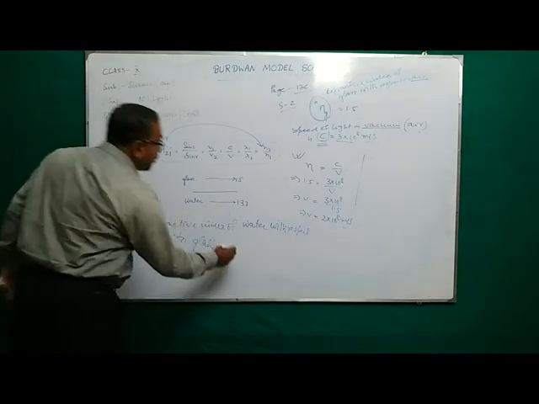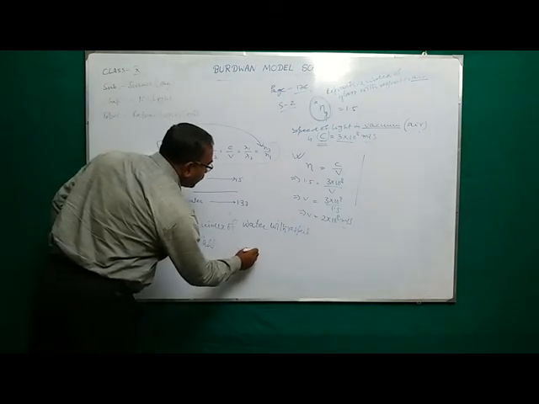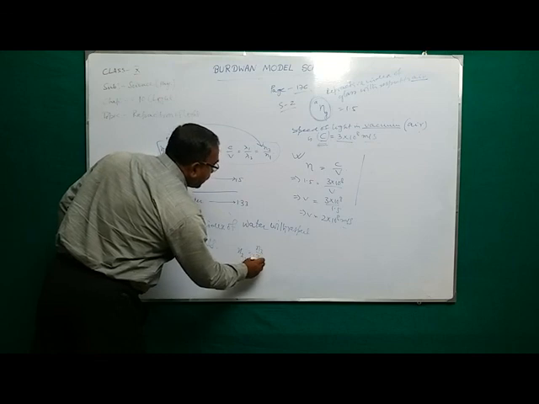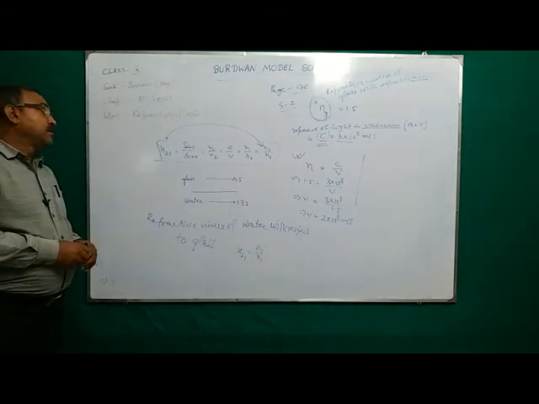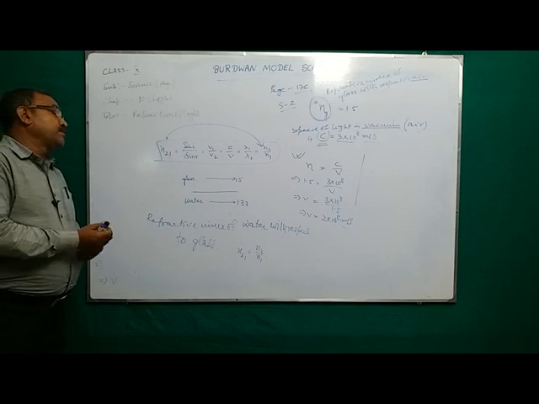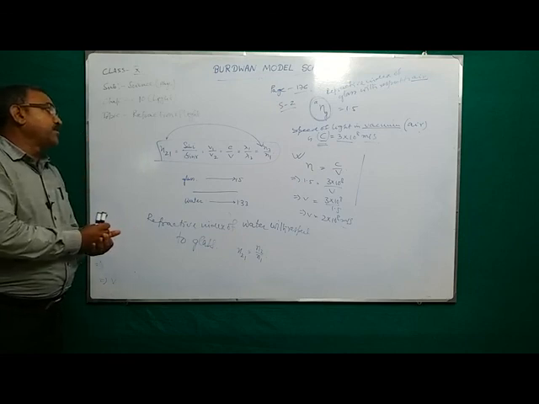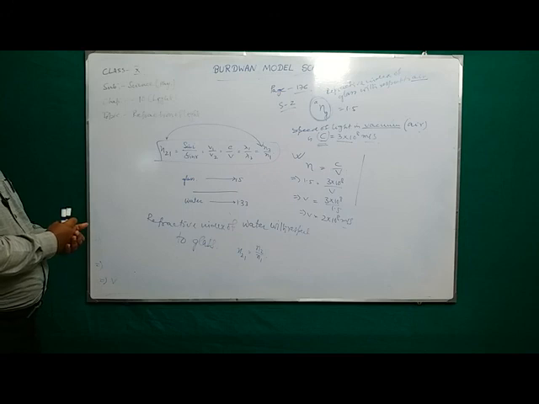That time you use this formula n21 equal to n2 by n1. Clear? n2, refractive index of second medium with respect to the refractive index of first medium.